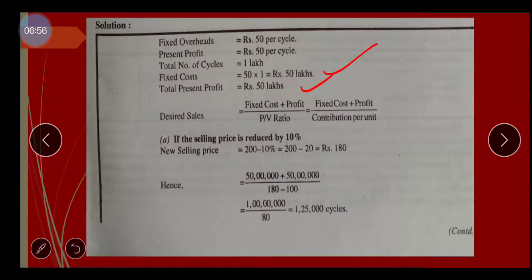If the selling price is reduced by 10%, what will be the new selling price? 200 into 10% is 20 rupees. Means they want to reduce their selling price by 20 rupees. Then the new selling price will be 180 rupees. That is clear, no?